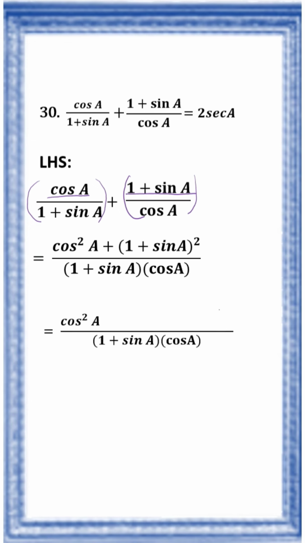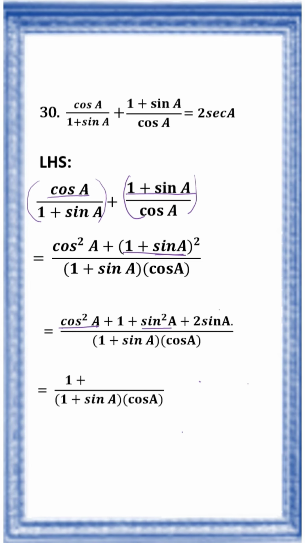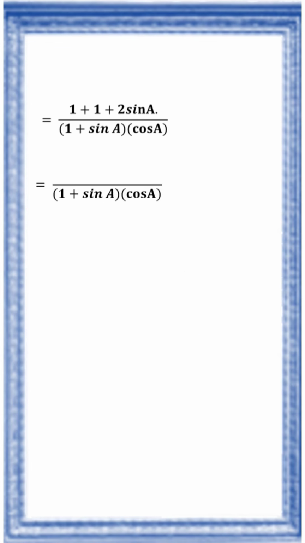Now you can expand this part by using (A plus B) the whole square. 1 square is 1 plus sin square A plus 2 sin A. Here cos square A plus sin square A is equal to 1, plus this 1 plus 2 sin A. 1 plus 1 is how much? 2, plus 2 sin A. Here 2 is common.